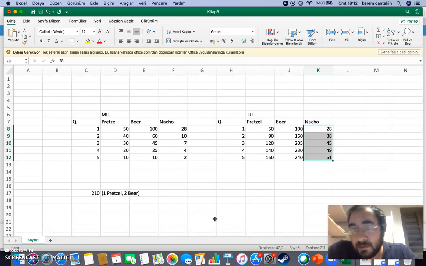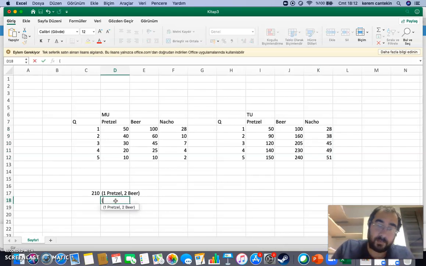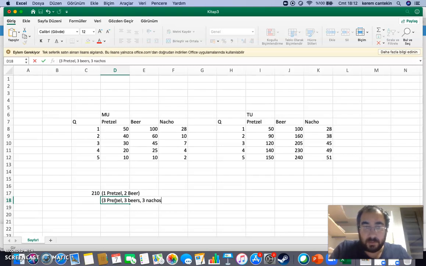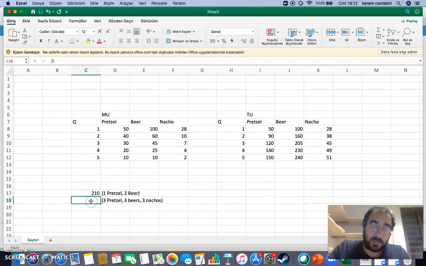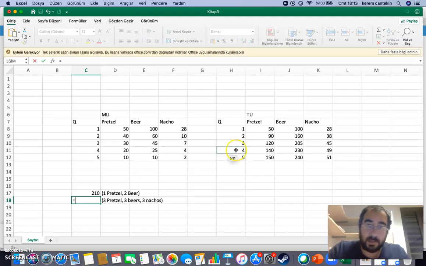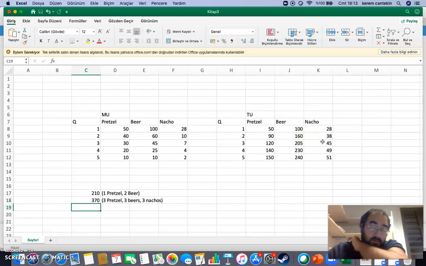This is the method. For example, if I consume 3 pretzels, 3 beers, and 3 nachos, in that case you just add the total utility I got from consuming 3 of each good.